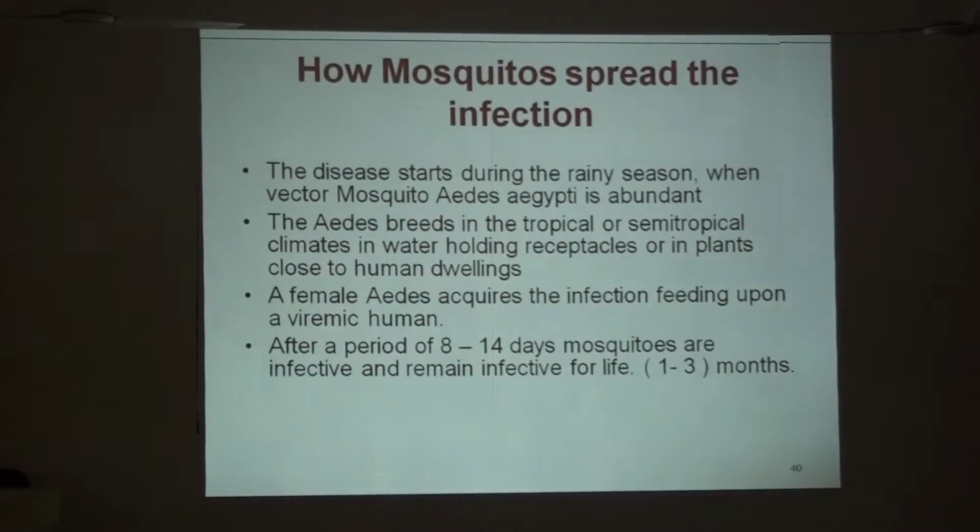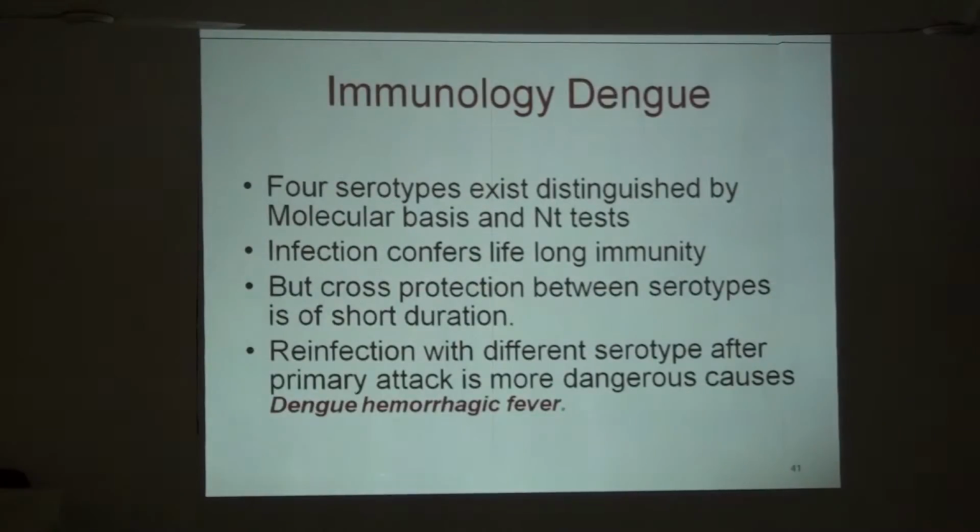The disease starts during the rainy season when the vector mosquito Aedes aegypti is abundant, and this Aedes breeds in tropical or semi-tropical climates in water-holding receptacles or in plants close to human dwellings. So people are more vulnerable to getting infected by this vector. A female Aedes acquires the infection by feeding upon a viremic human. After a period of 8 to 12 days, the mosquitoes are infected and remain infective for life.